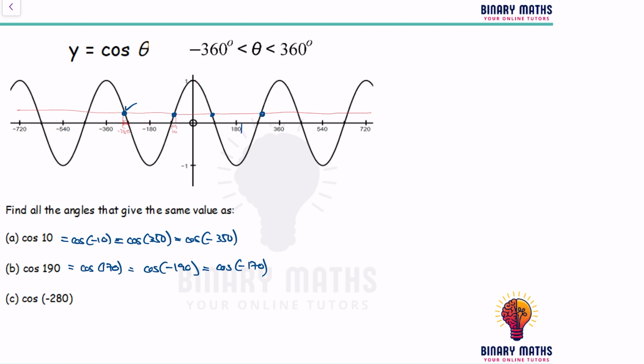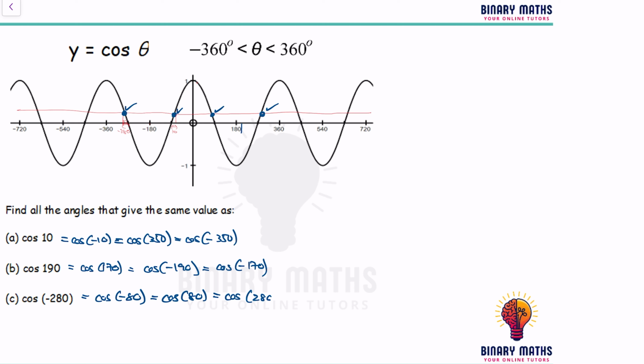It's 10 more than negative 90, which means it's cosine of negative 80. And because of the symmetries of the graph, it's symmetrical around the y-axis. So if this is minus 180, that would be positive 180. And that one must be positive 280.